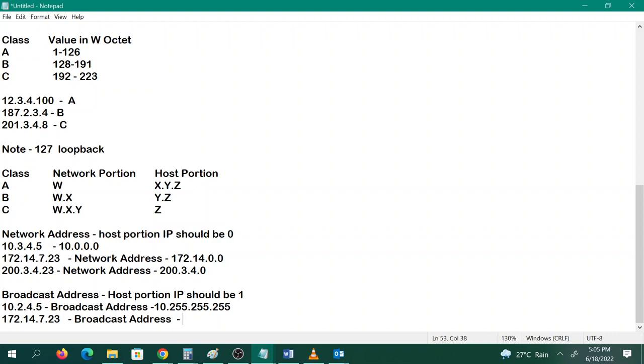Same way, if you take another example, this is a class B IP. Class B contains 2 octets as the host portion. So the broadcast address will be 172.14.255.255.